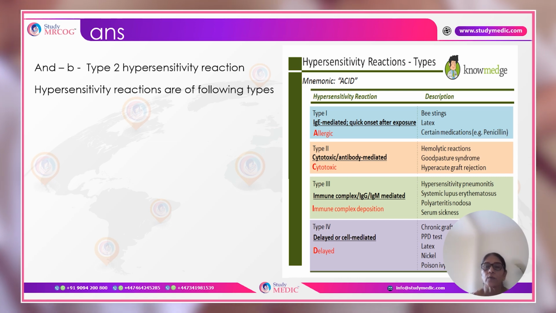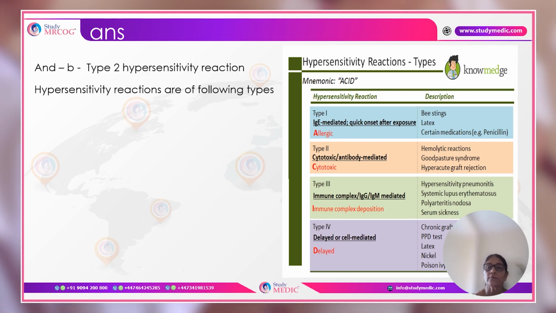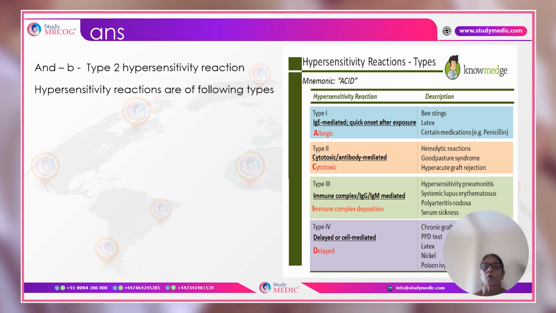Now type 3 is because of immune complex deposition. It could be IgM or IgG mediated. And which are these types of reactions? Hypersensitivity pneumonitis, systemic lupus erythematosus, polyarteritis nodosa or serum sickness. All of these are type 3 because here you have deposition of immune complexes. The last letter is D. So type 4 reactions are delayed or cell mediated.